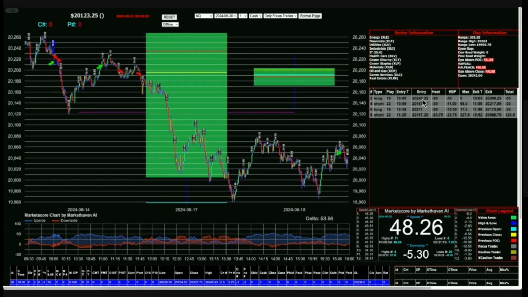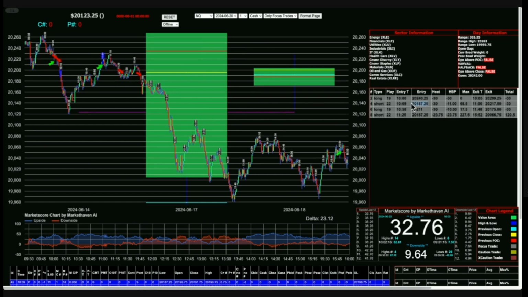The next trade, again, now we've broken below the close. Key information, we're breaking below that. This trade has you getting in at 20,187, but you can see that we are actually right at the 20,200.